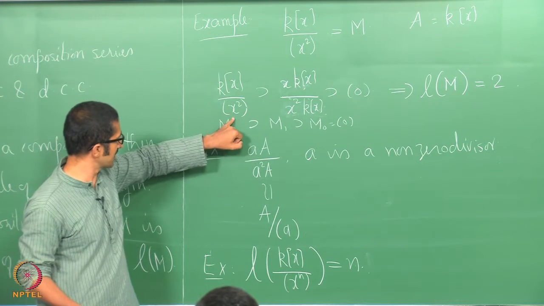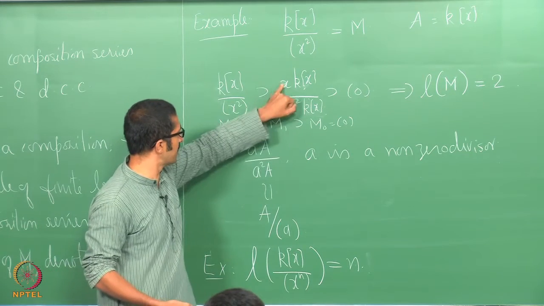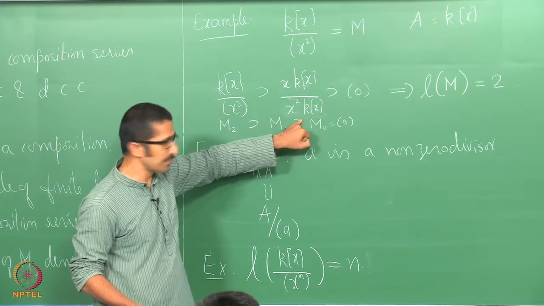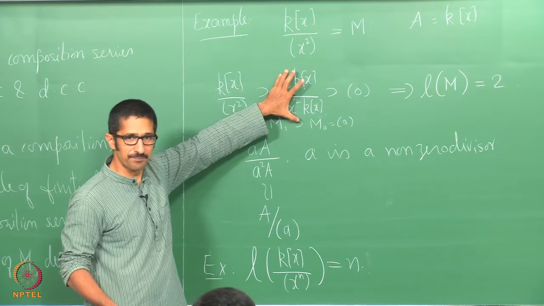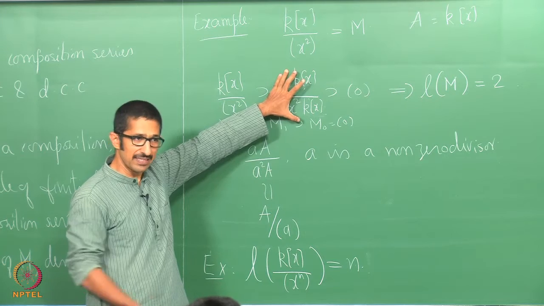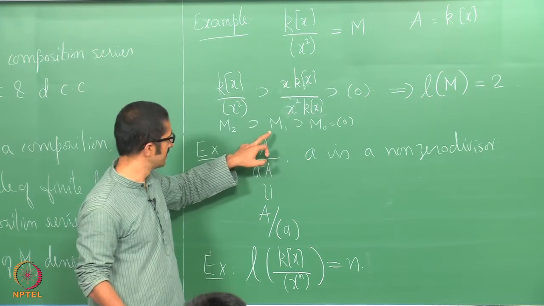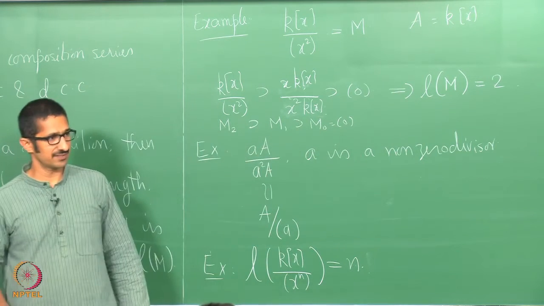So, M2 mod M1 is simple. Now, M1 itself is kx mod x, which is k again, isomorphic to k, therefore it is simple, therefore this is a composition series.